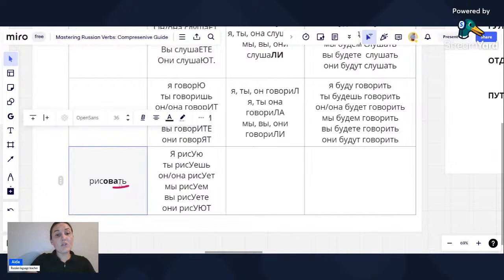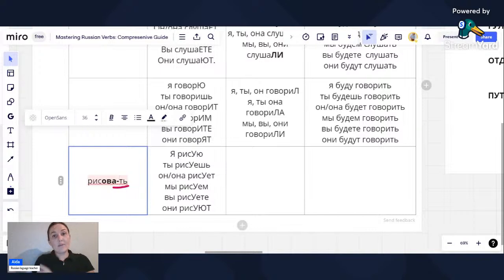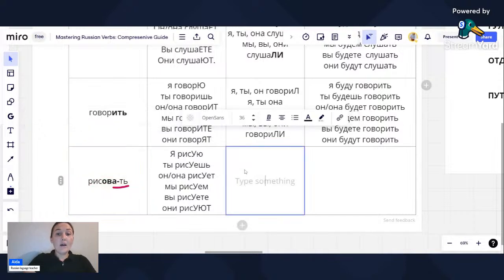If we talk about past, just cut -ть, and put a suffix -л for male words, nouns, put suffix -л plus ending -а for female nouns, put suffix -л plus ending -и for plural nouns. Okay, let's do it. Я, ты, он рисовал. As you can see, I use this part, рисова, and then put suffix -л.